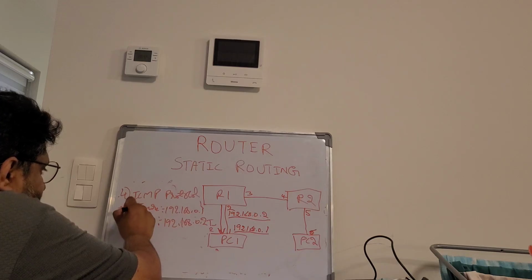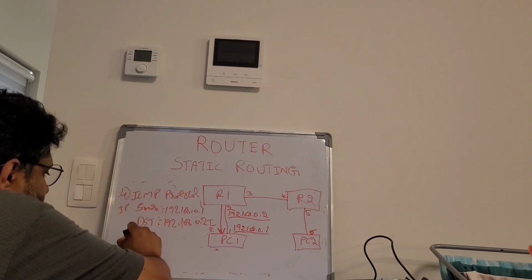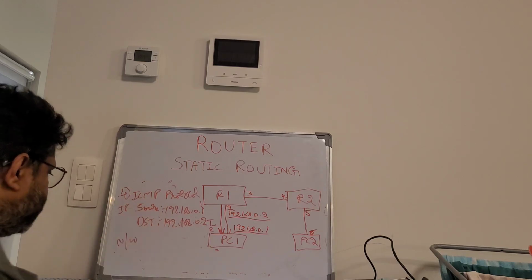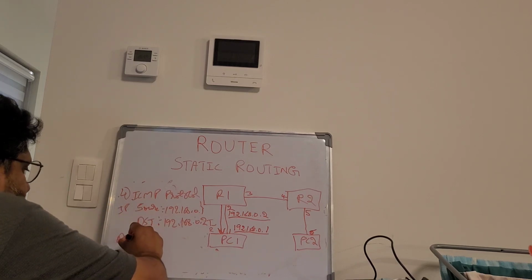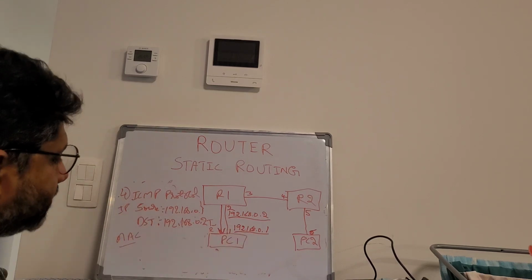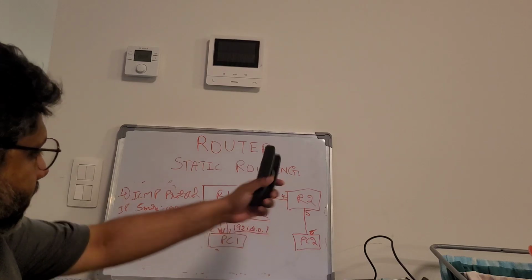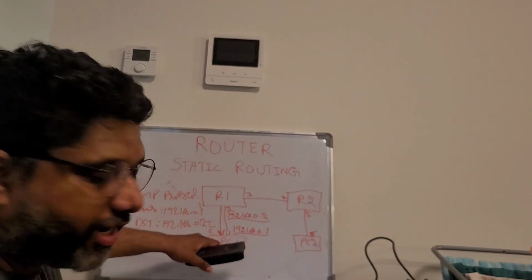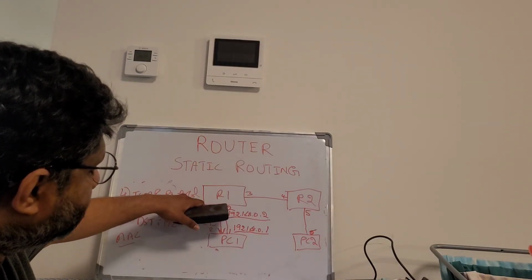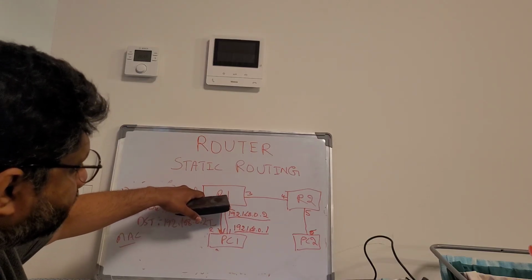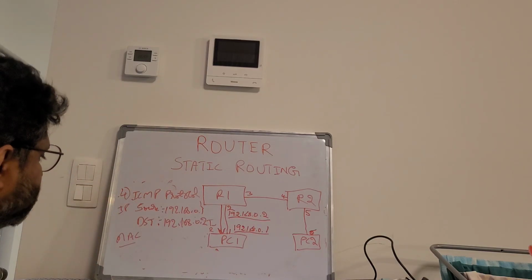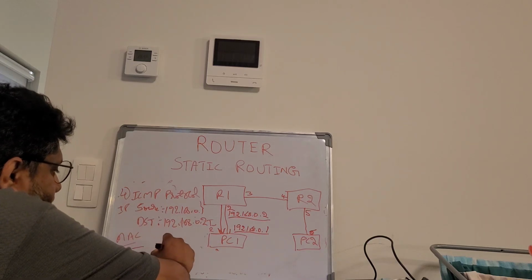This is the IP layer, and below it is the MAC layer. PC1 knows its own source MAC address, and it learned through the ARP response the layer 2 MAC address of R1 interface 2. So it will populate it and send the packet.